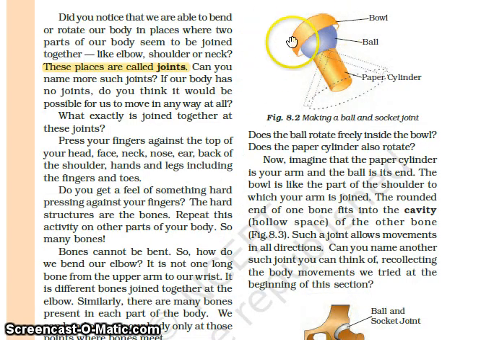This bowl is like your shoulder bone and this paper cylinder is your arm, and this ball is the end or edge of your arm and you can rotate it freely. You can move the paper cylinder also inside the bowl and you can freely rotate this ball inside this bowl.